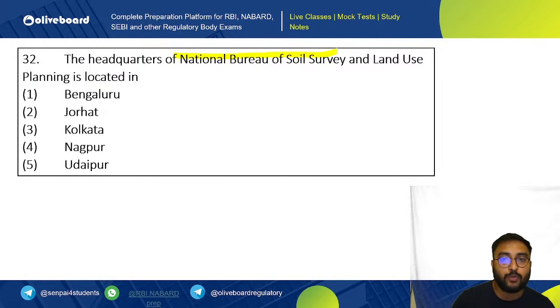Headquarters of National Bureau of Soil Survey and Land Use Planning is located at which of the following location? Bengaluru, Jorhat, Kolkata, Nagpur and Udaipur.